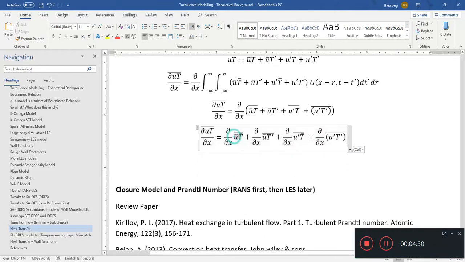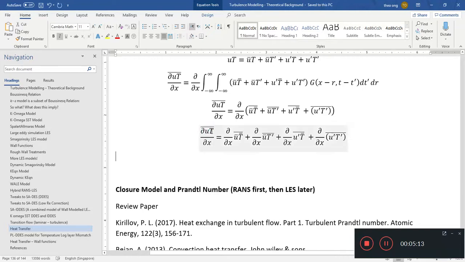Now, similar to this term here, if you remember your Leonard's decomposition, we eventually want to get this filter a little bit out of the way.